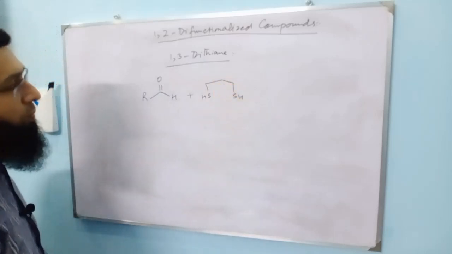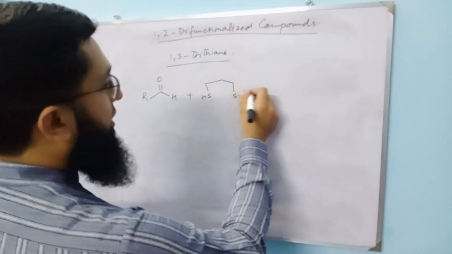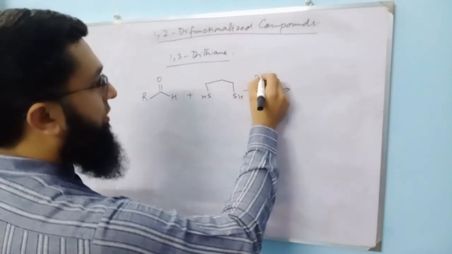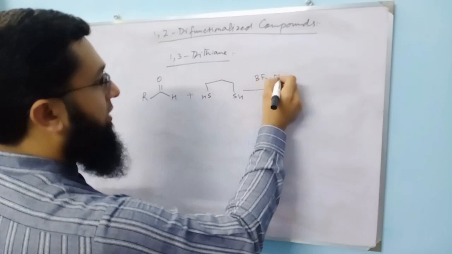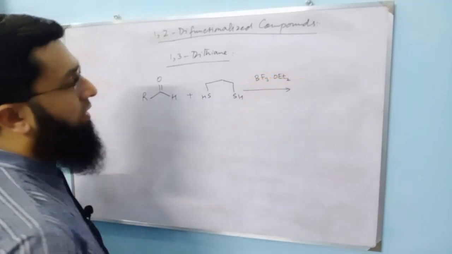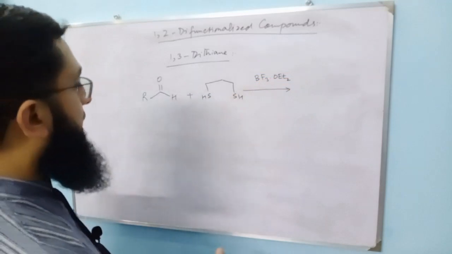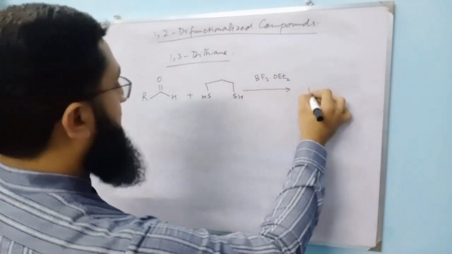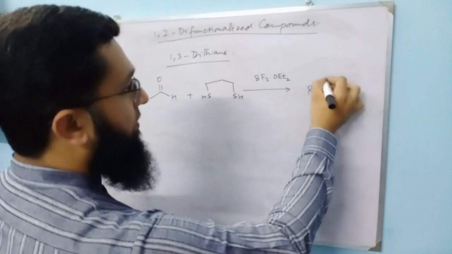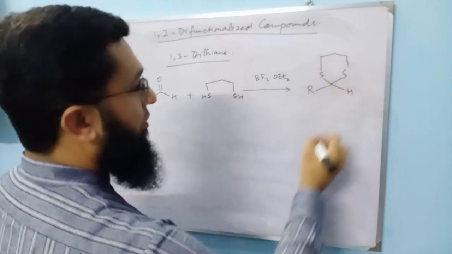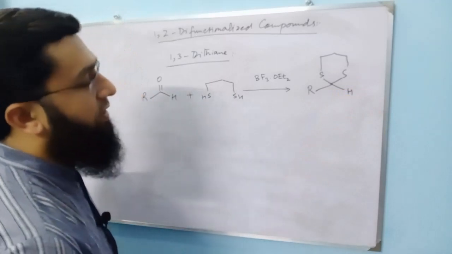Generally 1,3-propane dithiol is used in the presence of acidic conditions, or we can take a Lewis acid, for example BF3-diethyl etherate. It exists as a complex, and it results in a 6-membered 2-sulfur containing heterocycle called 1,3-dithiane.